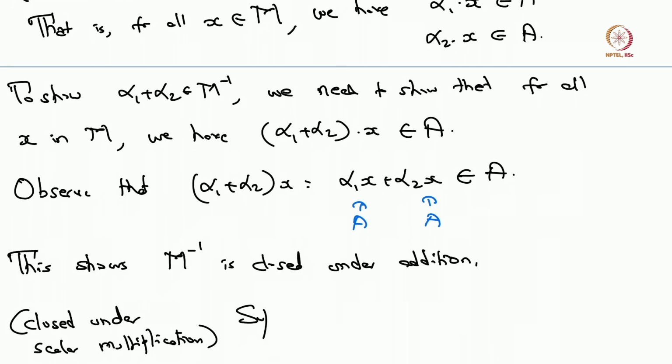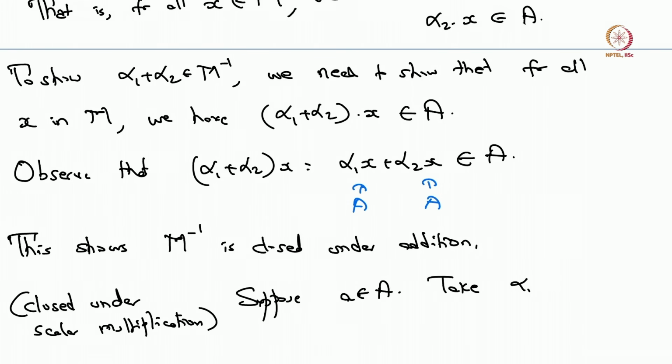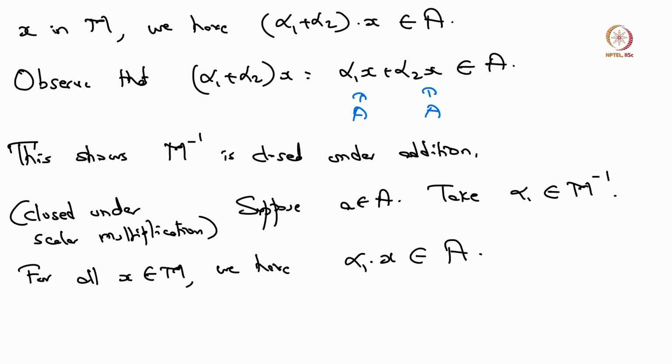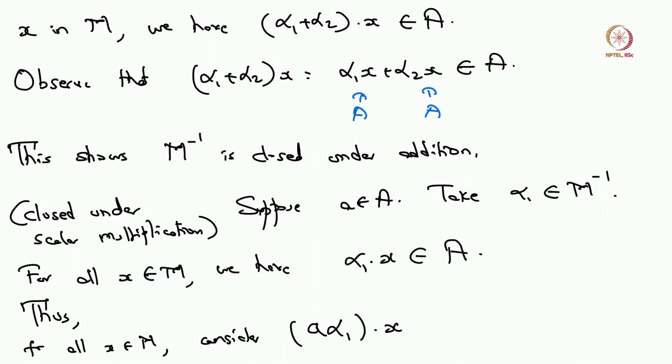So suppose now we have an element little a in A, and take, say again, alpha 1 in the set. Then what we have is that for all x in M, alpha 1 times x belongs to A. And so thus, for all x in M, if we consider a times alpha 1 times x, this is nothing but a multiplied by alpha 1 x.